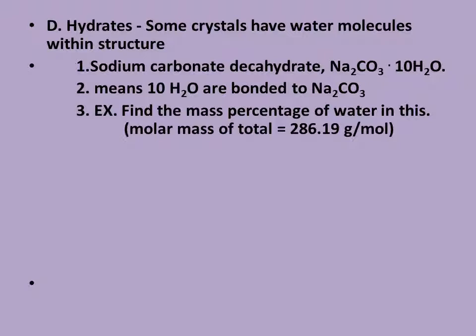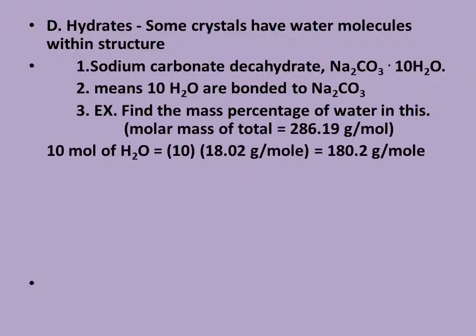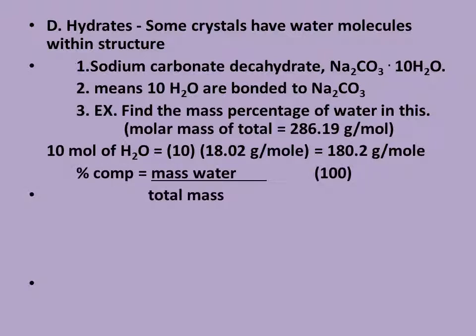Just a refresher, you take the mass of each compound from the periodic table, and then at the end you add how many water molecules. So you add the mass of 10 water molecules. This is where I came up with 10 molecules of water is 10 times 18.02 to be 180.2. To figure out the percent composition of water, I'm going to take the mass of the water divided by the total mass.